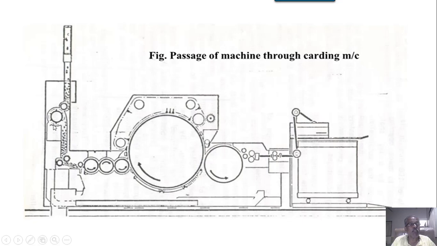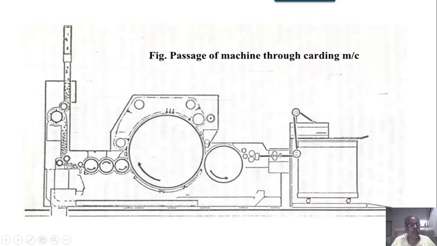Some regularization is adopted at this particular place so that only regular flocks will enter. Actually, I think this was introduced on the C60 card by Rieter. The three licker-in system and the cylinder dimension were also increased.